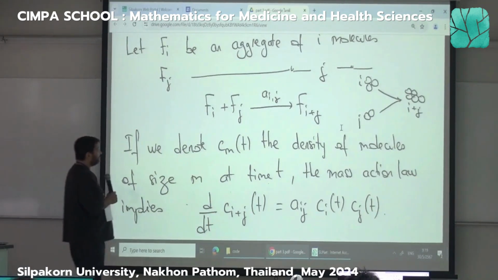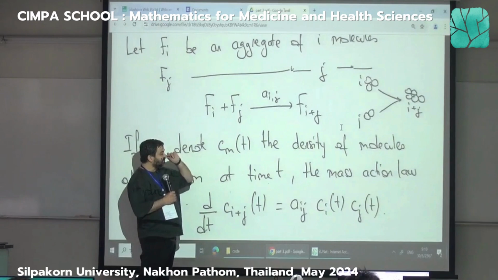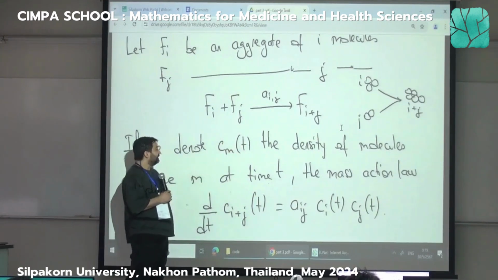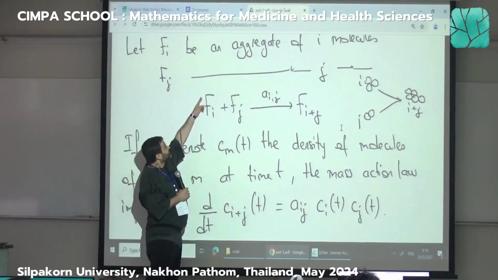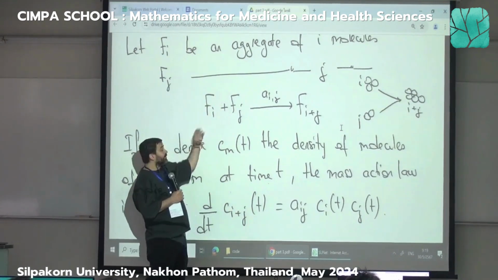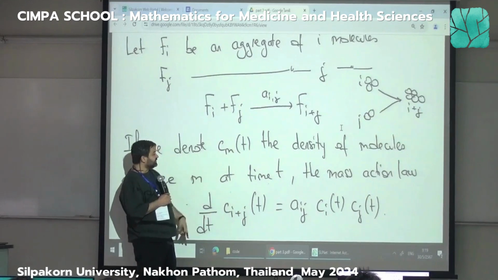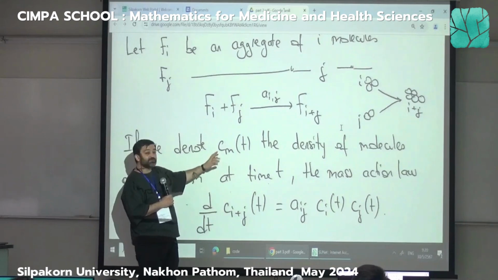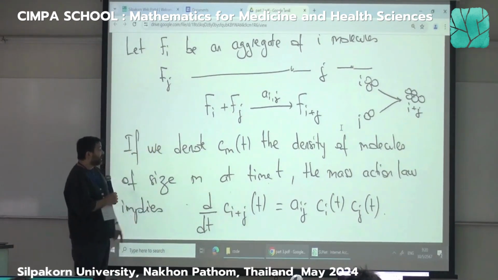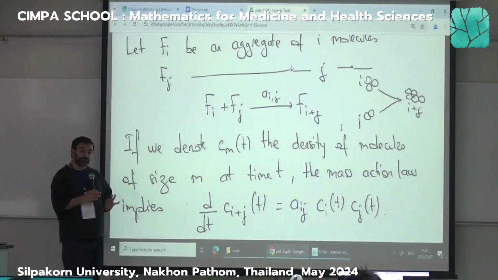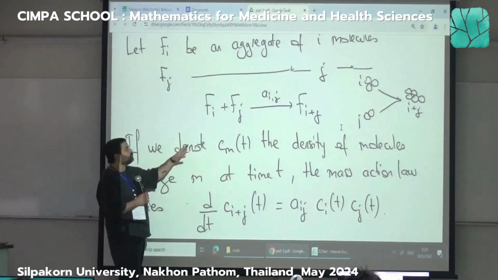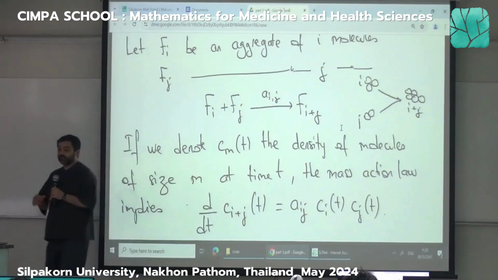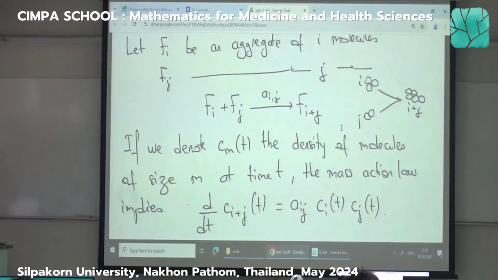You take a different notation, like the density of the molecule, or the concentration of the molecule, or the expression of the gene. Last week we put a bracket here. Sometimes C, so let's call C of L the density of molecules of size L. If you write the mass action law, just to simplify, let's assume we just have 2 particles, exactly like we did before.